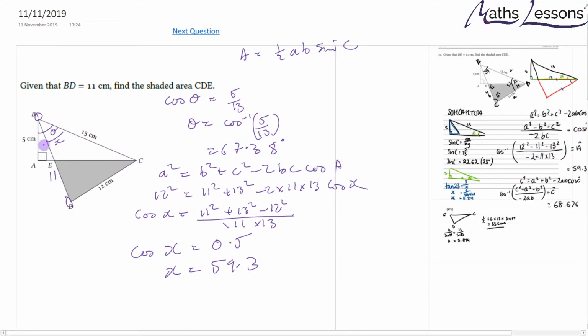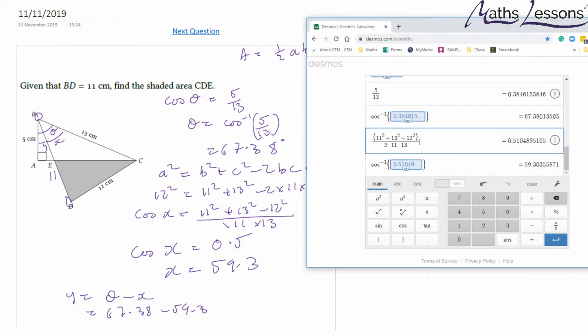Therefore, I can work out this angle here, y. y will equal theta minus x. Let's just put it all into the calculator to keep all the accurate answers going.